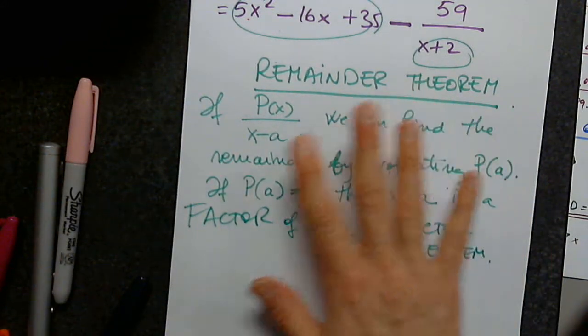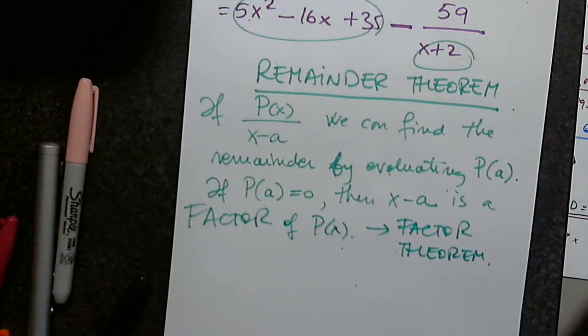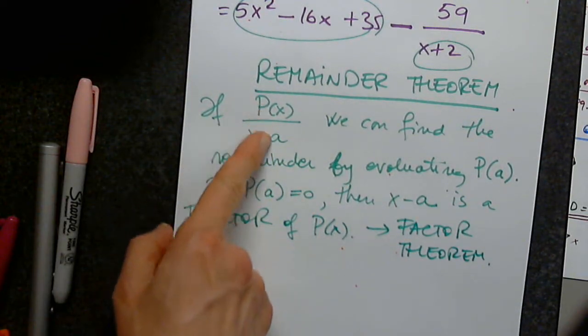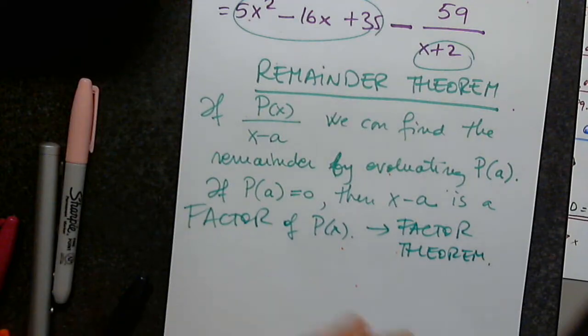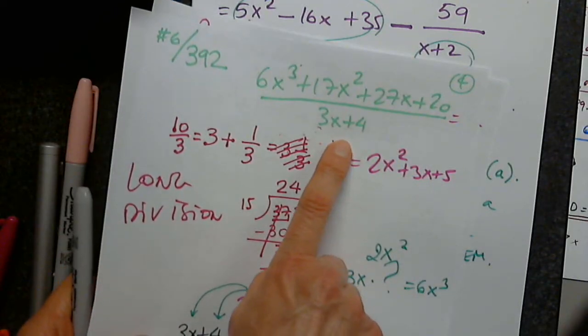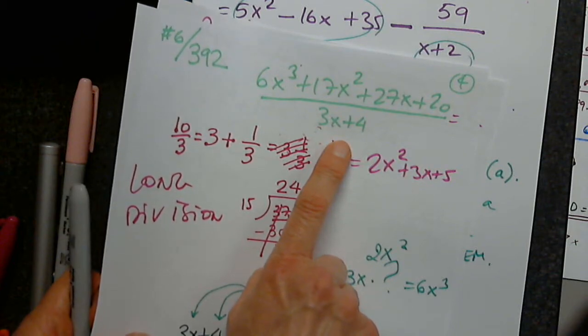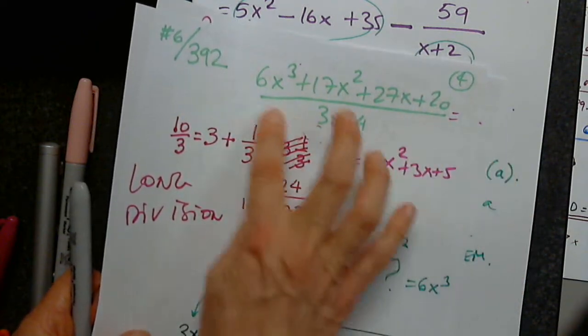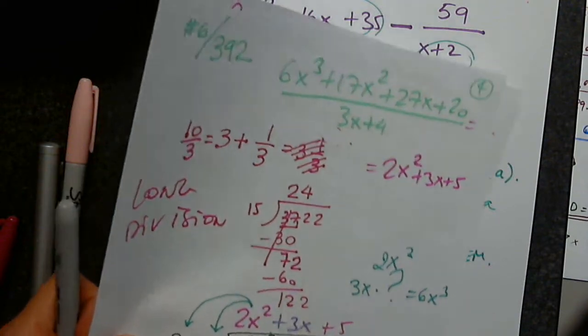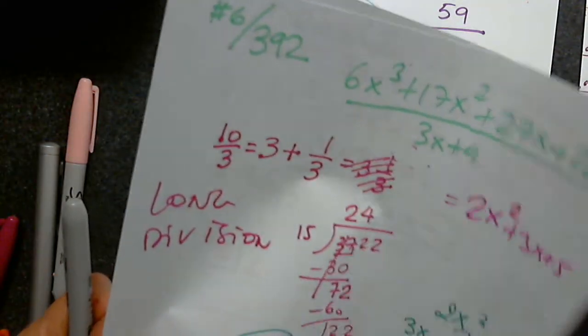So the remainder theorem tells us that if I want to find the remainder of such a division, I cannot find the remainder unless I factor out 3. It's a little bit more complicated. So this requires work.